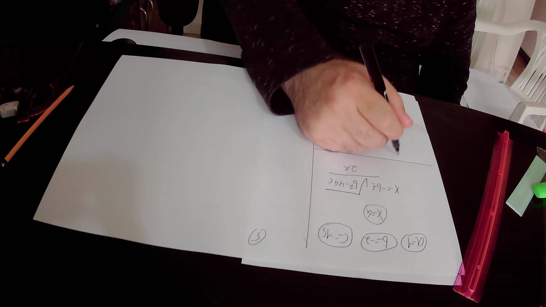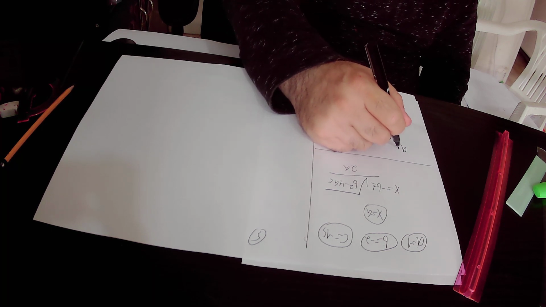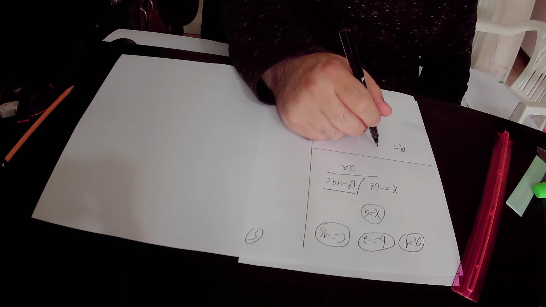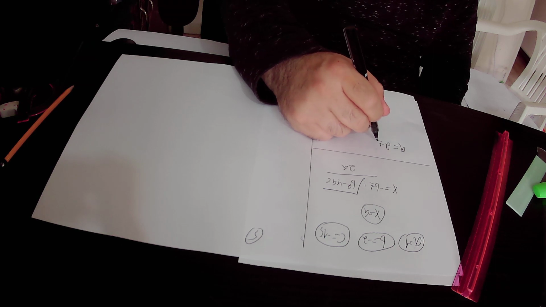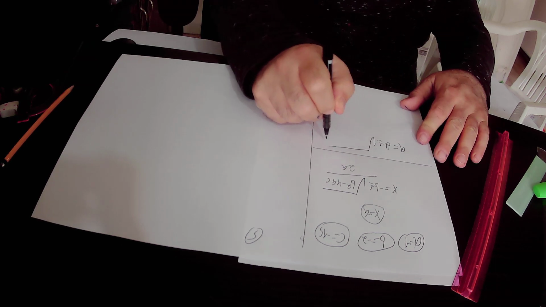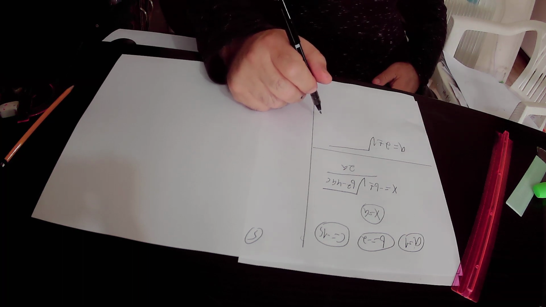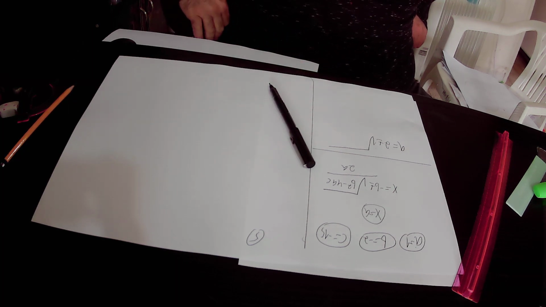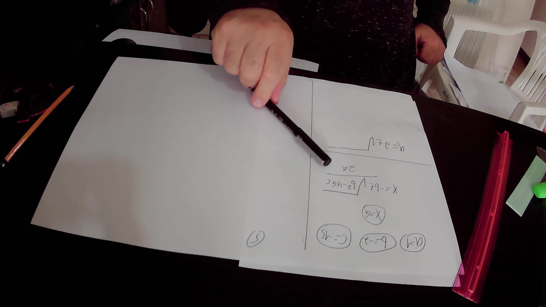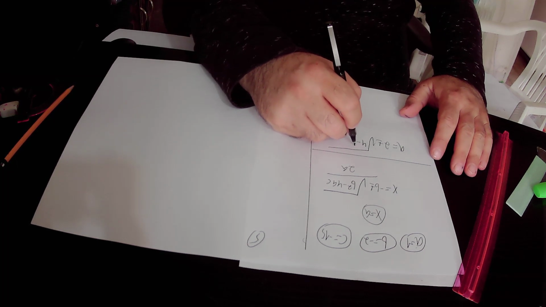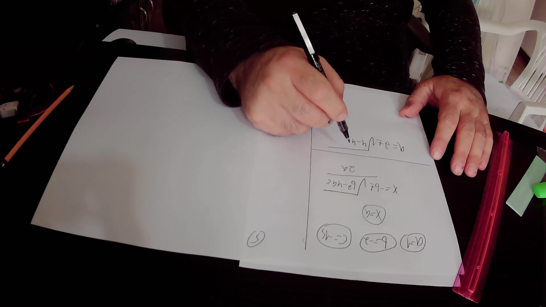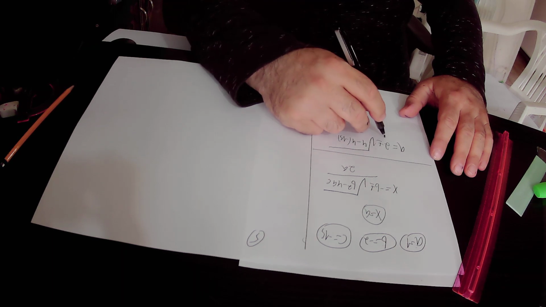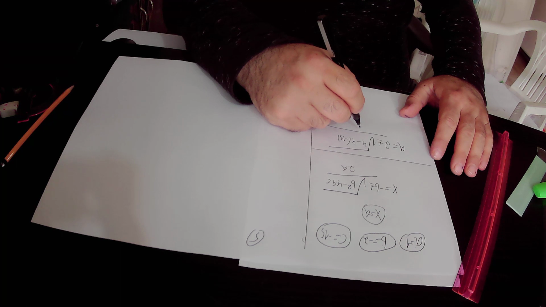So A equals minus b, b equals minus 2, so minus b is 2, plus minus square root of b squared, minus 2 squared equals 4, minus 4 times a is 1, times c is minus 15, over 2a. a is 1, so 2 times 1 is 2.